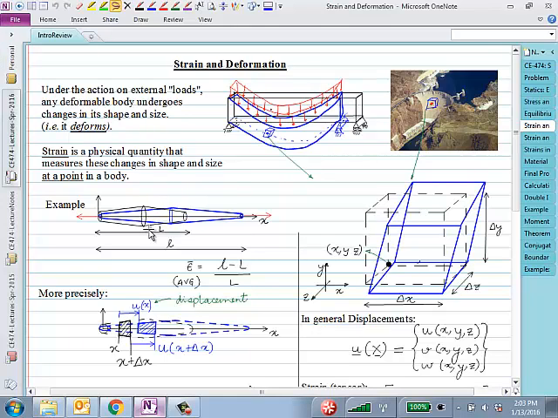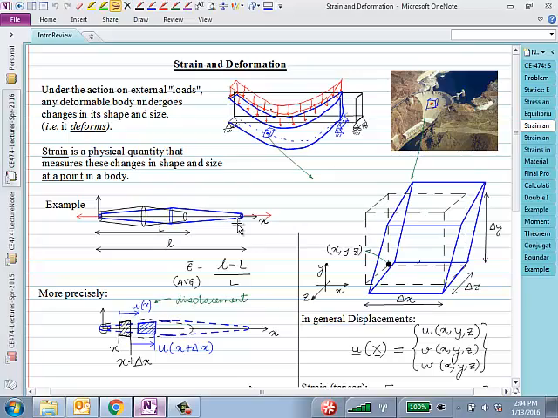So when I ask you what is the strain of this bar, say for example, originally the bar was this black outline. When I applied the forces in red, it took the shape of this blue outline. So when I ask you what is the strain of this bar, you should ask me back at what point. Strain is not an average value. When we say that strain is delta L over L, that's an average measure of strain. It does not work well for bodies that are not of uniform cross section.